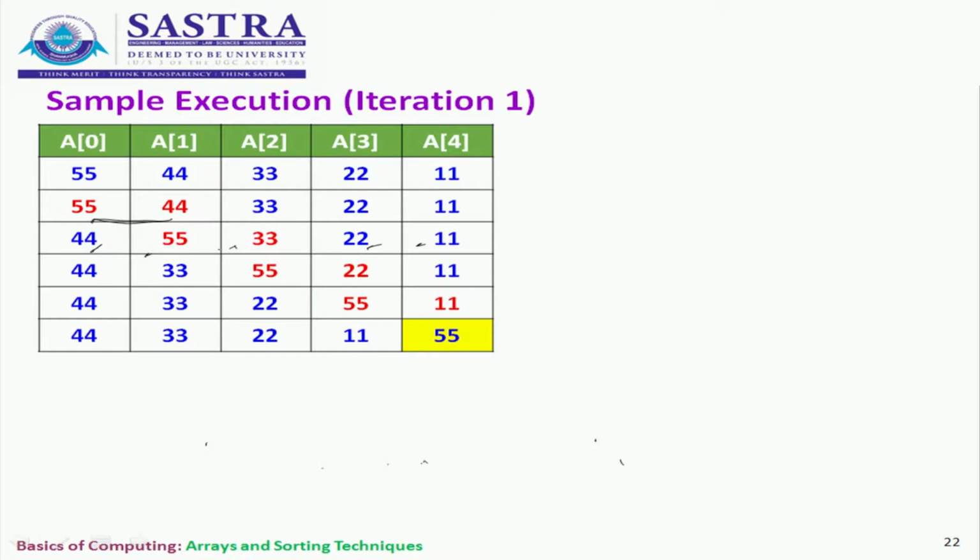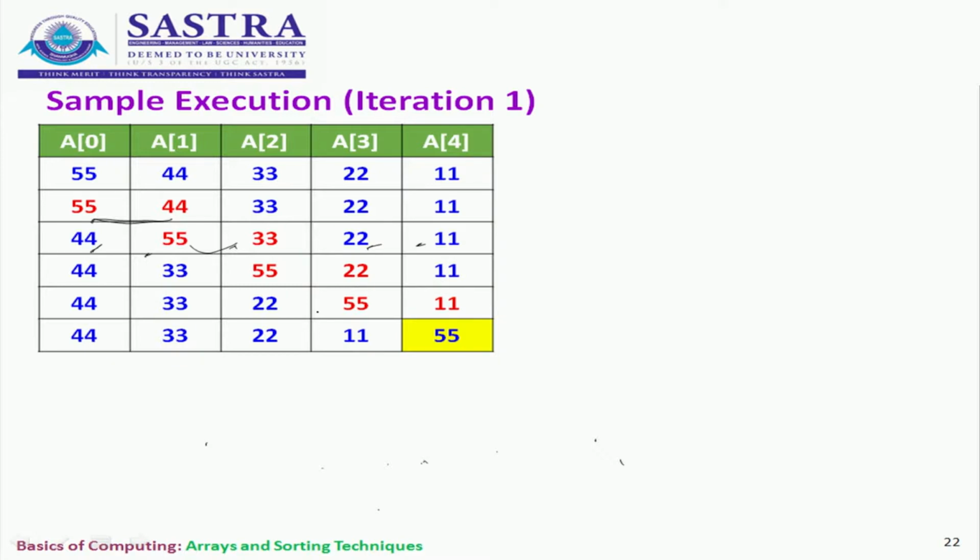Our condition is the first element should not be greater, but here it is greater, so again we need a swap. Once it is swapped, it becomes 33 and 55. Only these two are swapped, we didn't touch anything else. So 44, which was already swapped, is retained as it is. Then 55 and 33 are swapped, and we get 44, 33, 55, 22 and 11.